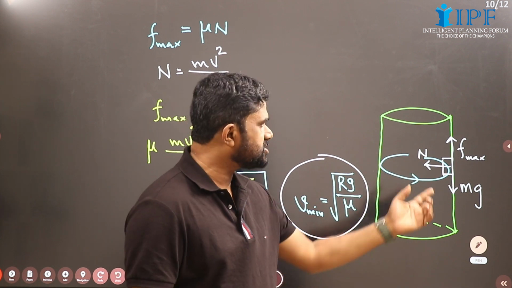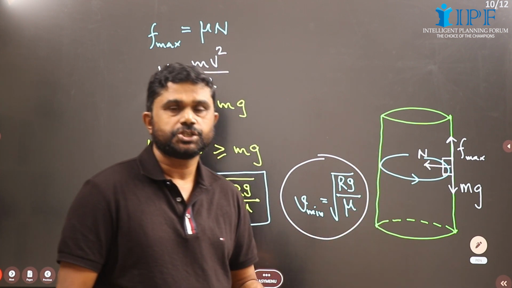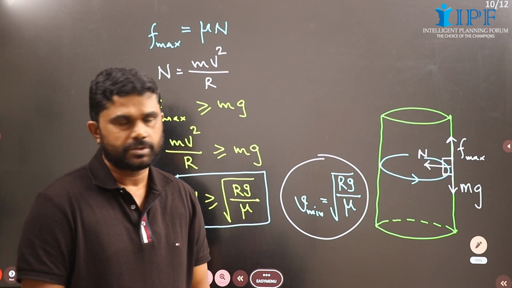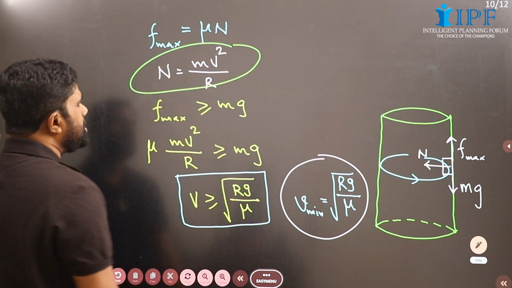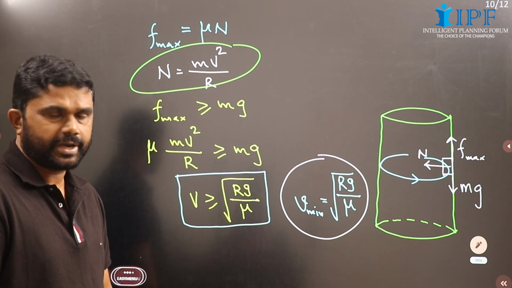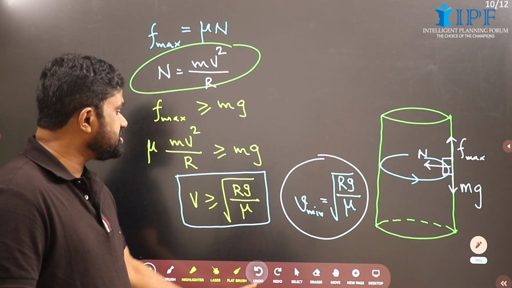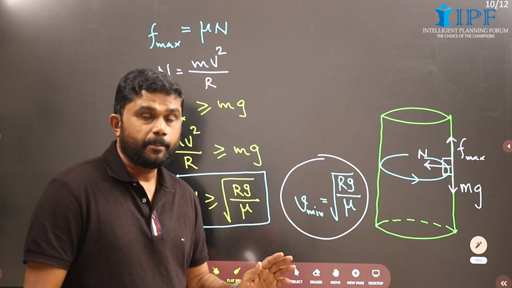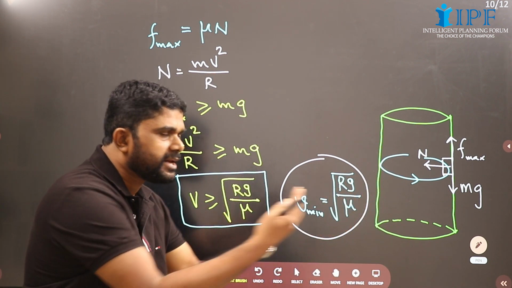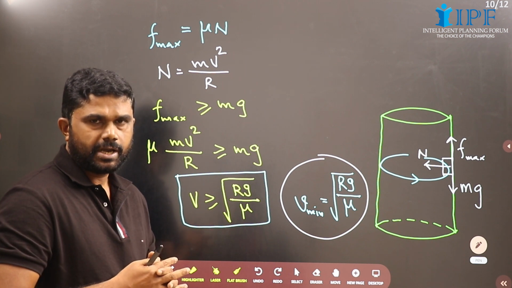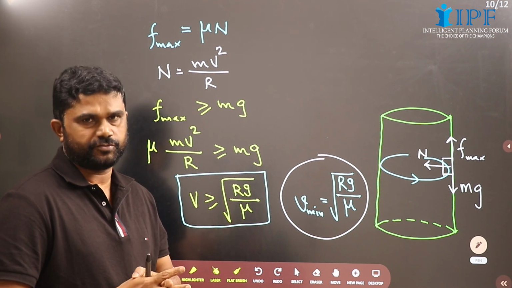That normal reaction is the force acting towards the center, so it provides the centripetal force. So N equal to mv square by r. That is the force exerted by the vehicle on the vertical wall of the cylinder. So equal reaction will be provided by the wall and that is used as the centripetal force.